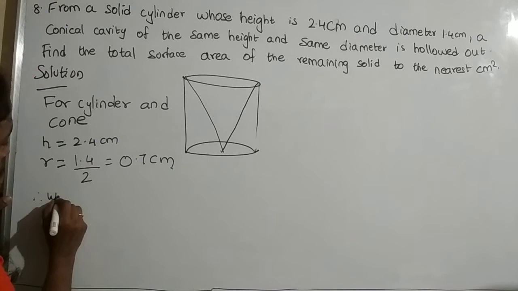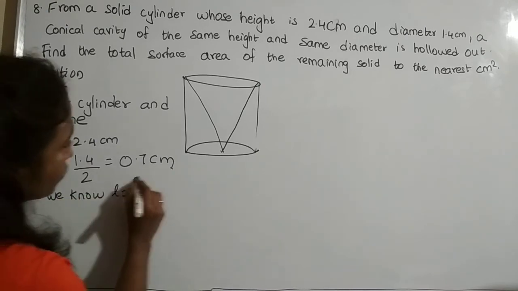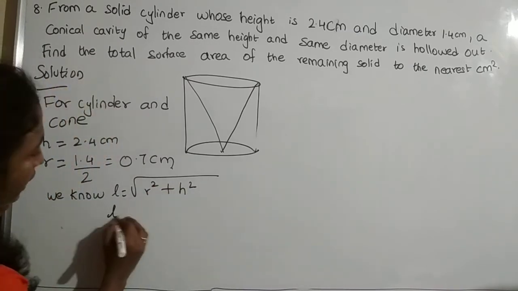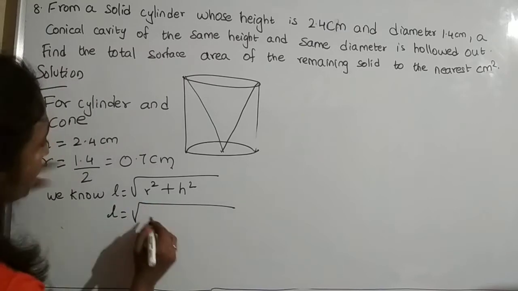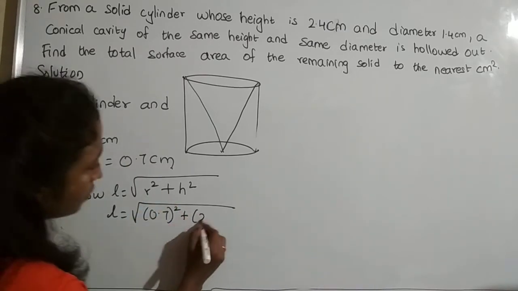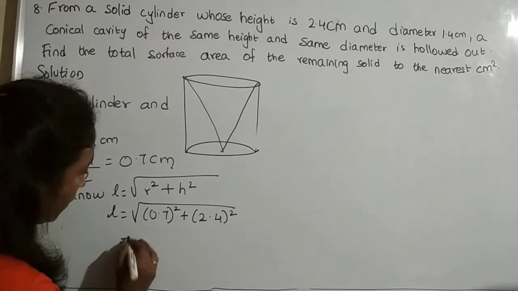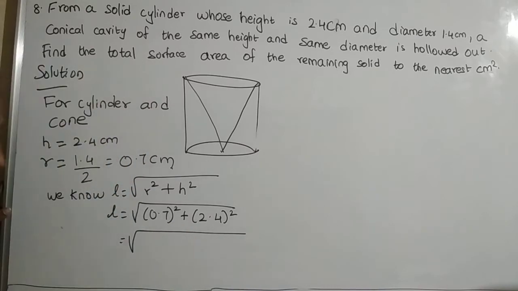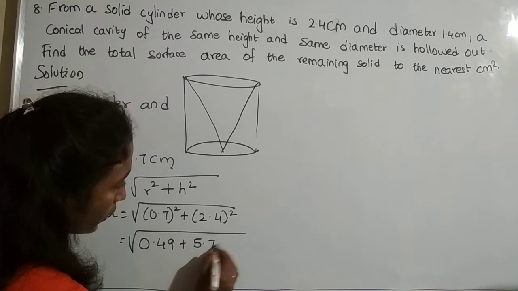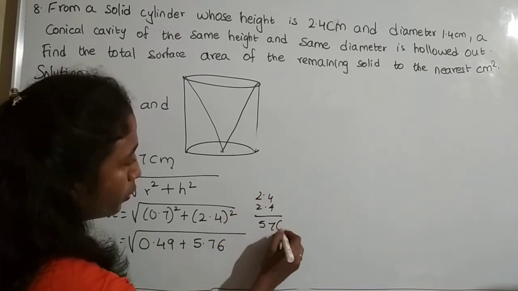We know that L is nothing but the square root of R square plus H square. So let's find L. Once we find L, our work becomes easy. What is R square? 0.7 the whole square plus H square, that is 2.4 the whole square. 0.7 square is 0.49, and 2.4 into 2.4, we know 576, so we get 5.76, putting the point after two numbers.